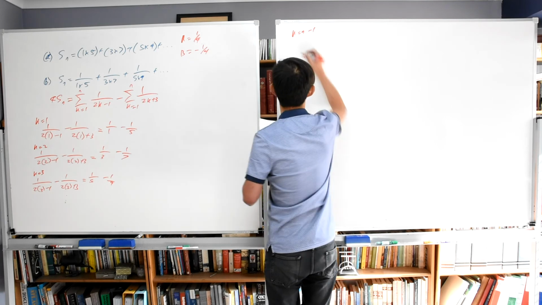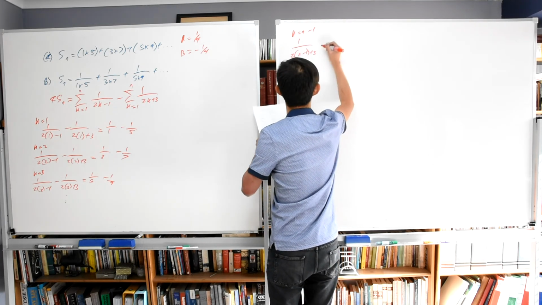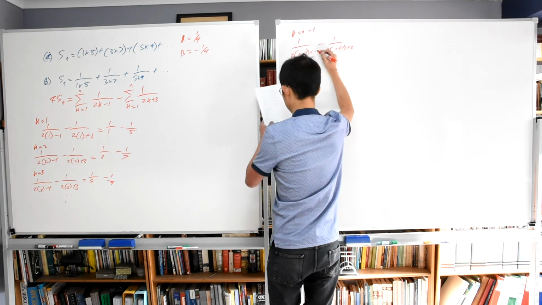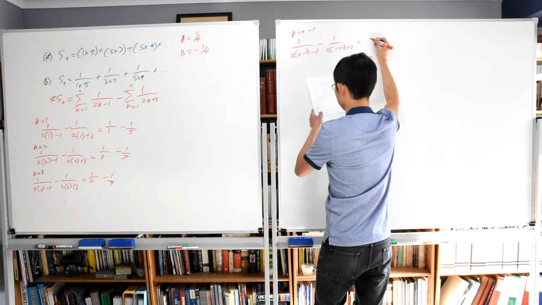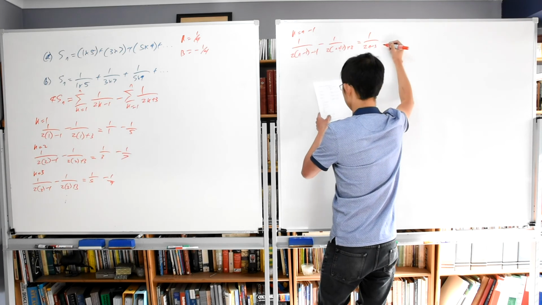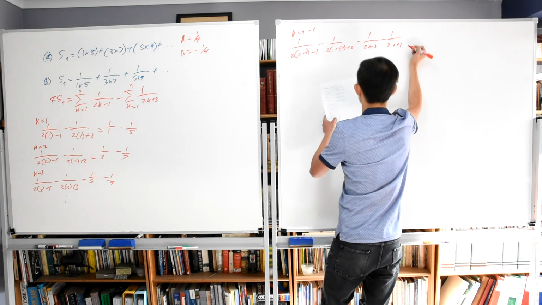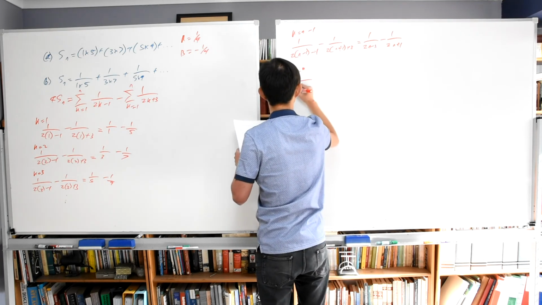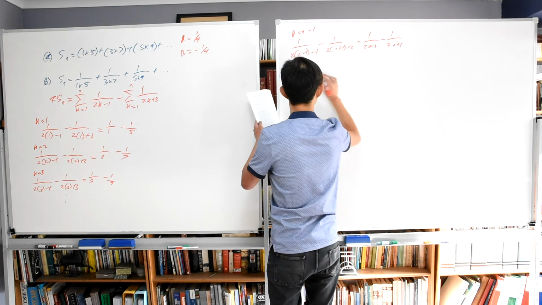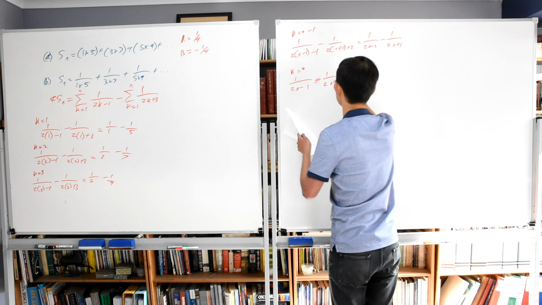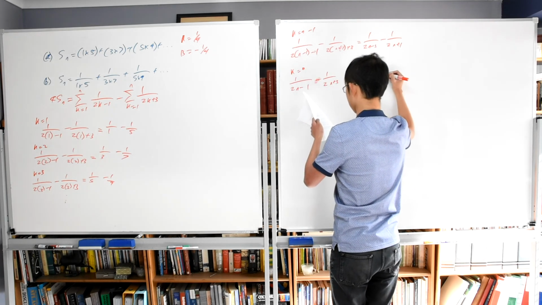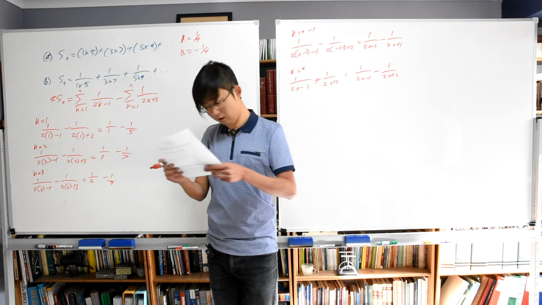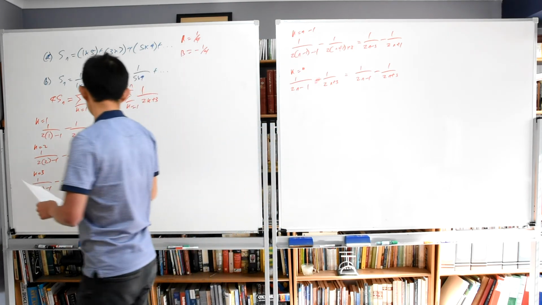What would happen? And let's try k equal to n, the very final term. What do we have here? Do we notice something happening?